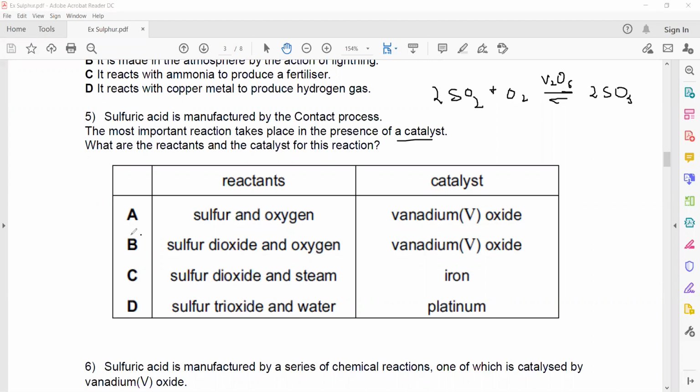So B is the right answer. Maybe in the marking scheme I mistyped that as A, but it is B. Sometimes when I'm copying the marking scheme and typing the answer, it happens that instead of typing A I type B. So the correct answer for this one is B.